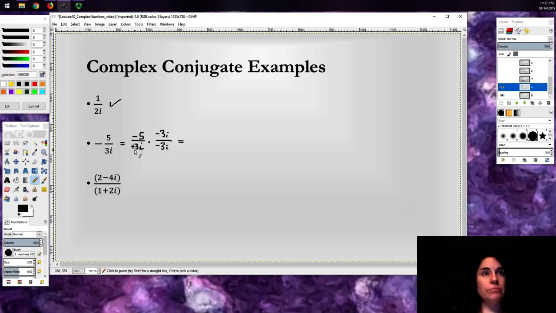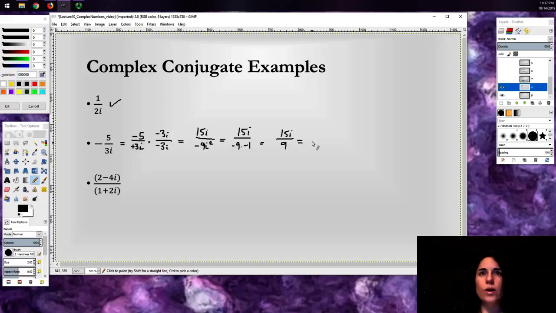So the bottom becomes 3 times negative 3 is negative 9. i times i is i squared. On the top, I have negative 5 times negative 3i, which is a positive 15i. i squared is negative 1, so negative 9 times negative 1 is 9, and I get 15i over 9.